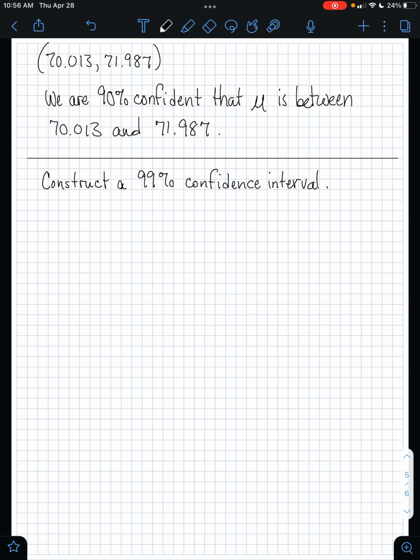Now, x bar is still 71, and sigma sub x bar is still 6 over the square root of 100. Nothing there has changed. All we're changing is the confidence level. So these are unaffected.